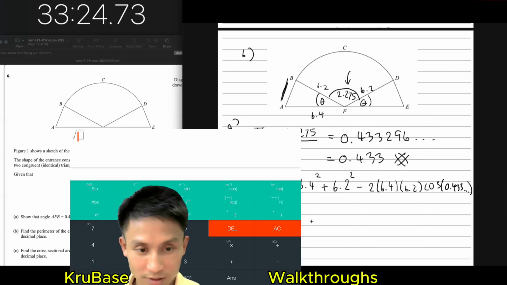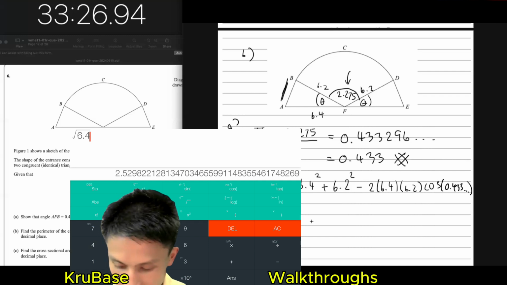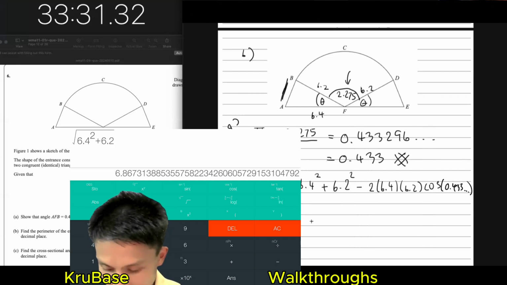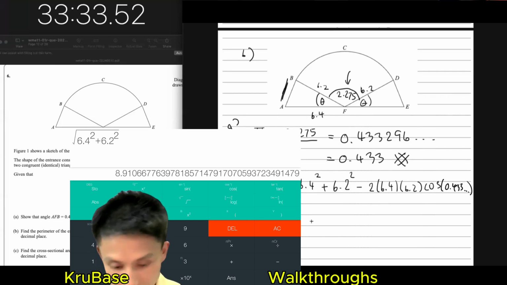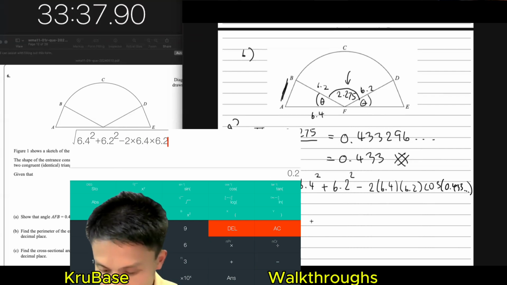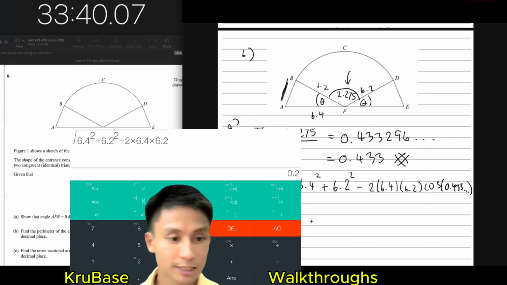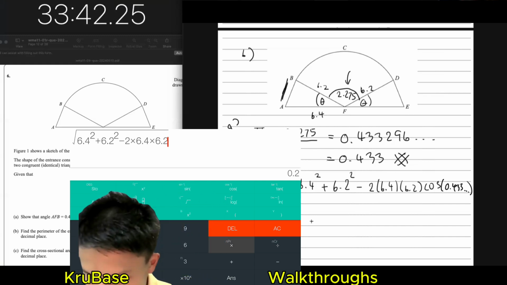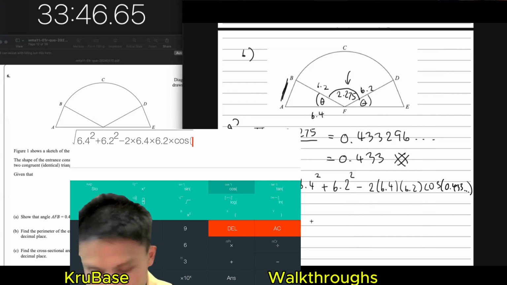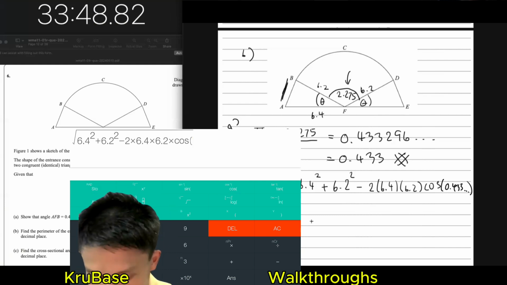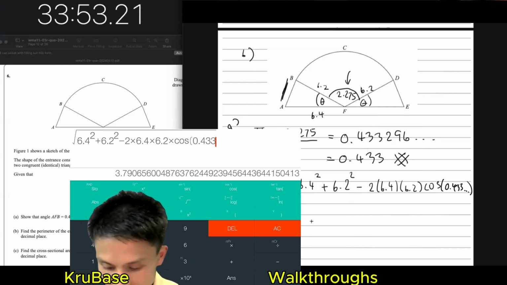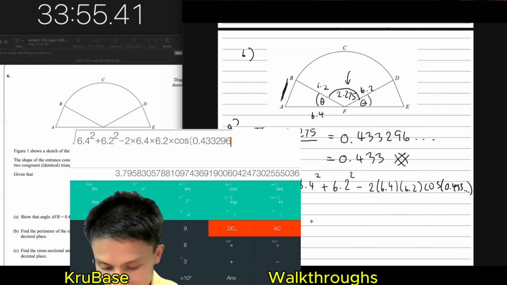Square root of 6.4 squared plus 6.2 squared, and then minus 2 times 6.4 times 6.2. Am I getting it right? Okay, and then multiply by cosine, which now has to be in radians, of 0.433296, just to be thorough here.